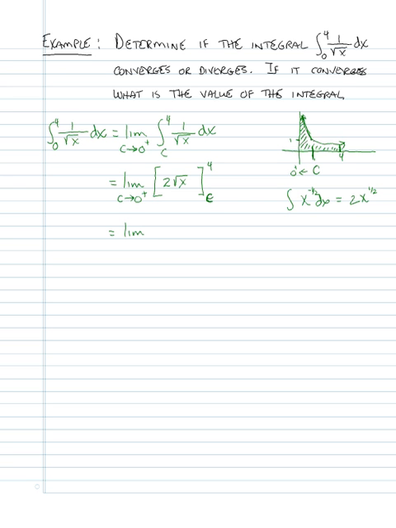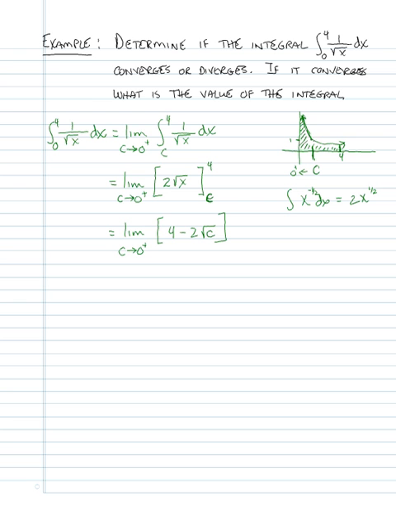Okay. Now, in this case, when we evaluate 2 times the square root of x at 4, we'll have 2 times the square root of 4, which is 2 times 2 or 4, minus 2 times the square root of c. We're replacing x with a c.